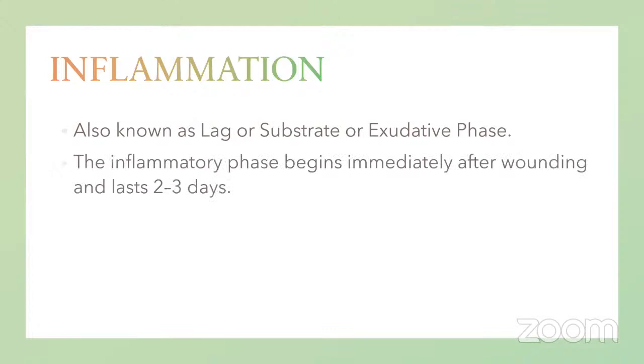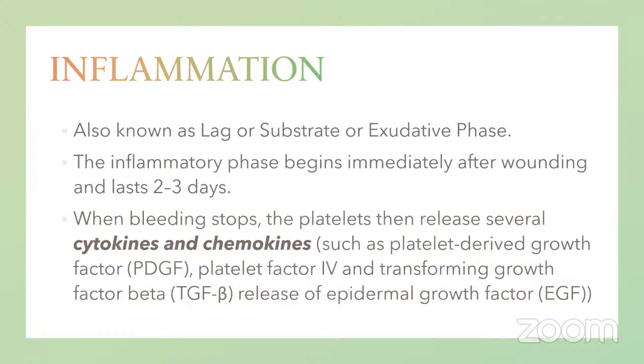The inflammatory phase begins immediately after the wound and lasts for a couple of days, for 2 to 3 days. When bleeding stops, the platelets then release several cytokines and chemokines. I hope you have heard of cytokines and chemokines. They're nothing but proteins. We have already seen two functions of platelets.